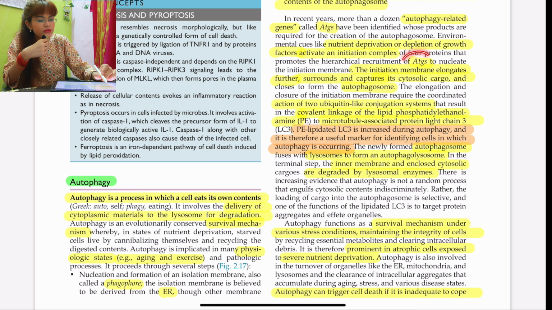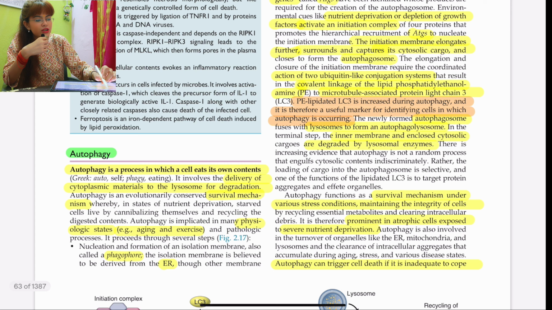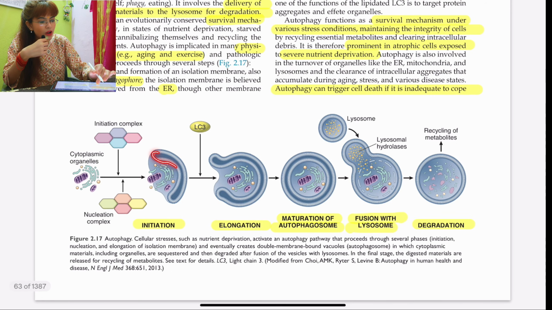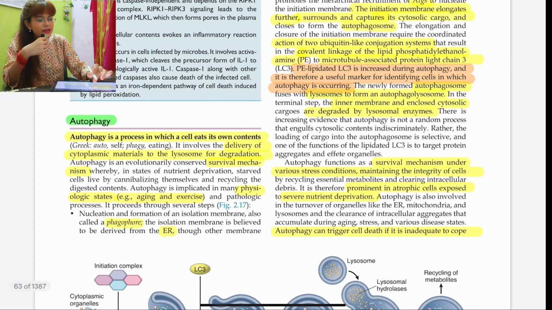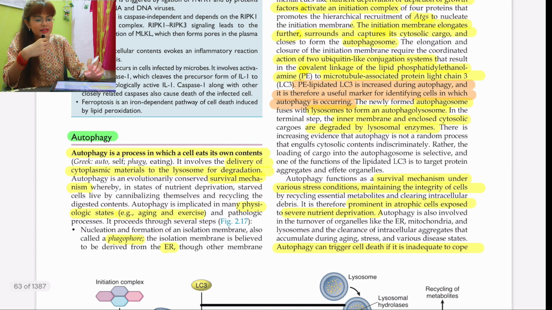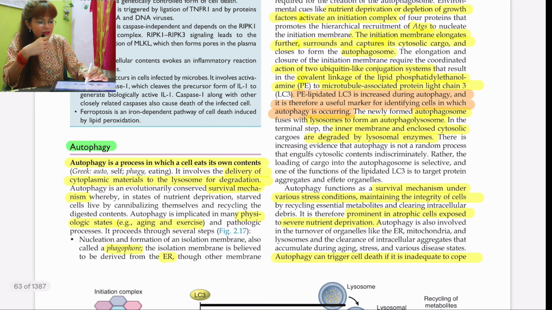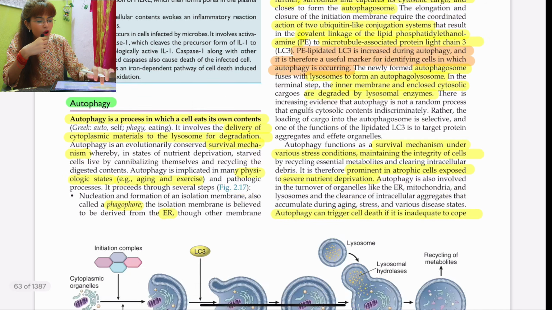Okay, now there's formation of something called the initiation membrane. As you can see over here, this initiation membrane will keep elongating, and it will capture cytosolic materials, ultimately forming this entire circular autophagosome.